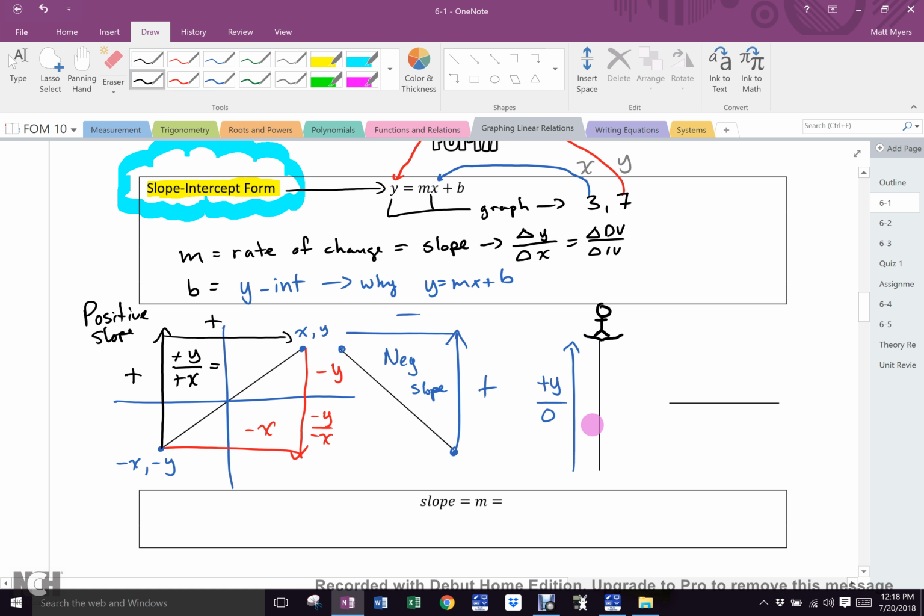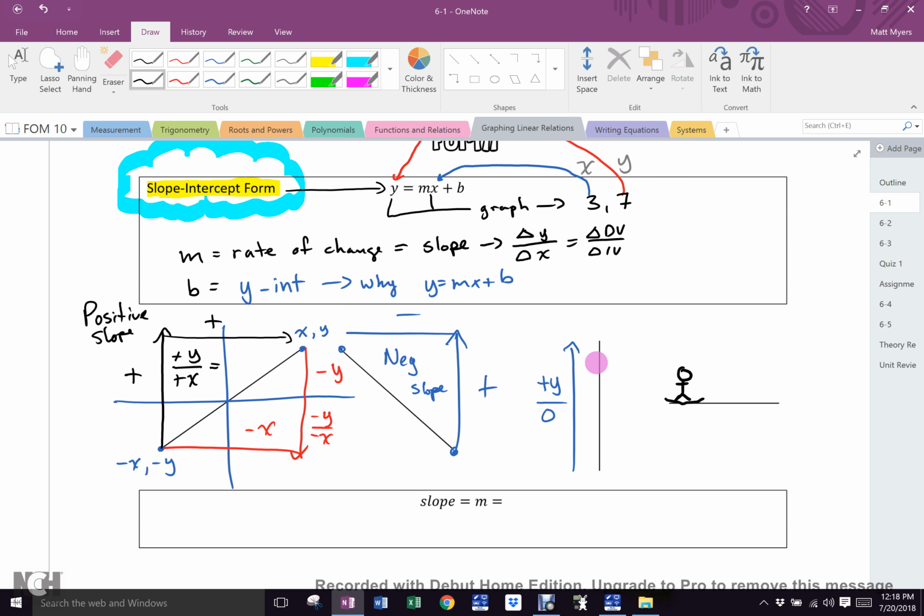Now, you're smart kids. This down here is the opposite, isn't it? If this is an infinite slope, what is the opposite of infinity? If infinity is everything, what is the opposite of everything?